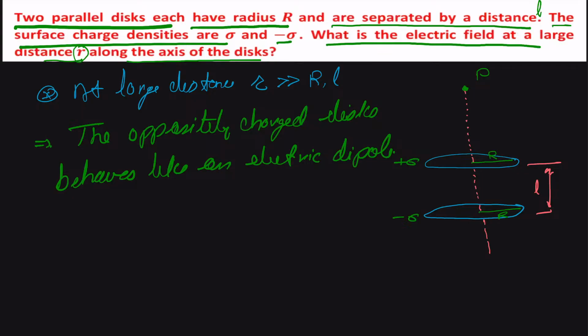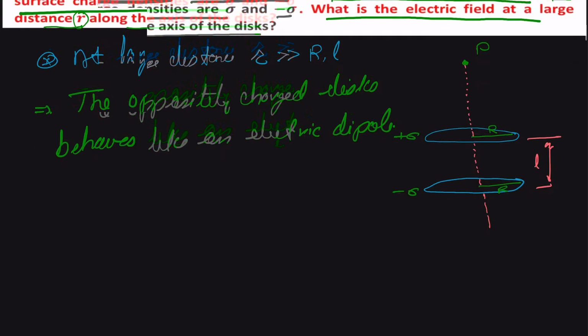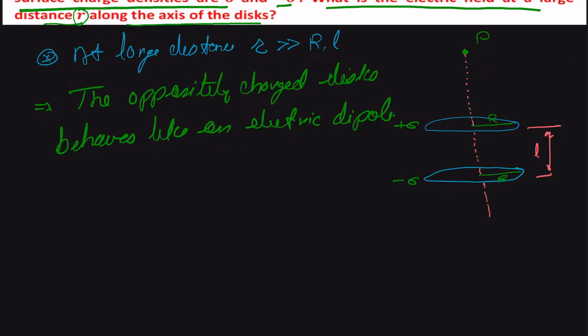Therefore, we are going to find out the dipole moment of the system at point P. Dipole moment of the system.